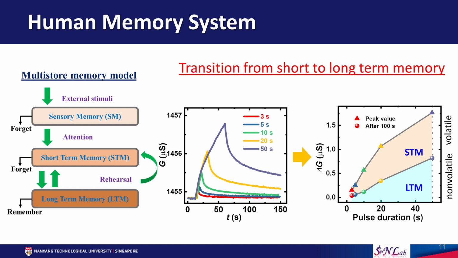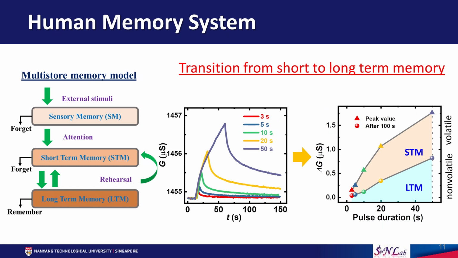We could experimentally demonstrate the transition from short-term memory to long-term memory in the synaptic device by changing the spike duration. We noticed that with increasing pulse duration, the non-volatile change of channel conductance is increasing. The non-volatile change represents long-term memory.